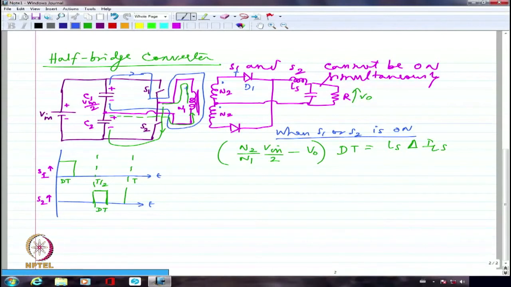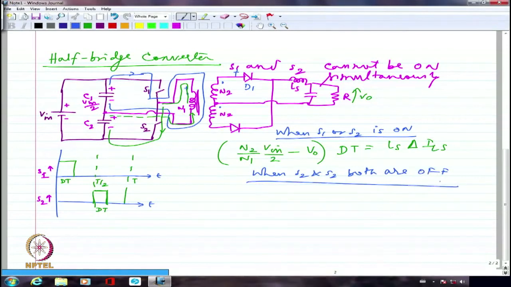Similarly in the off condition, when S1 and S2 both are off, we are going to get V0 multiplied by, we have to write it the same way, half minus D multiplied by T. I am using exactly the notation of Daniel Hart. That is going to be Ls multiplied by delta ILs.